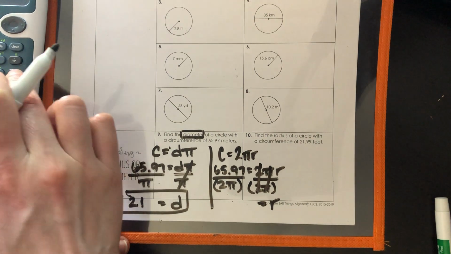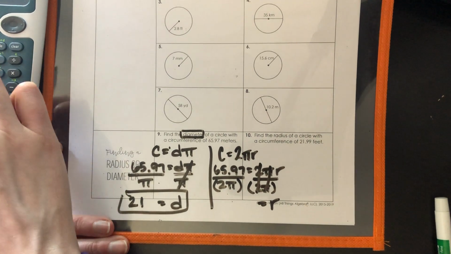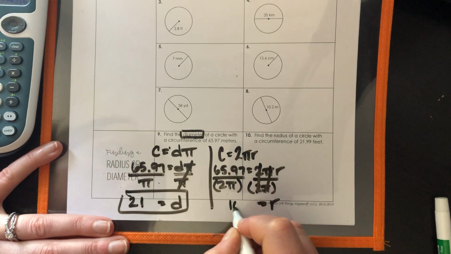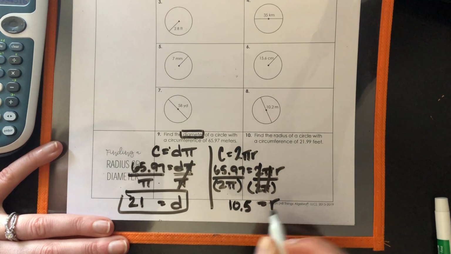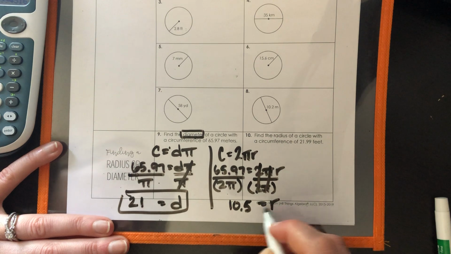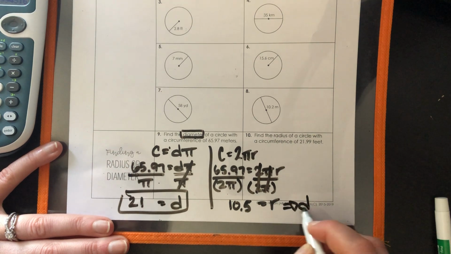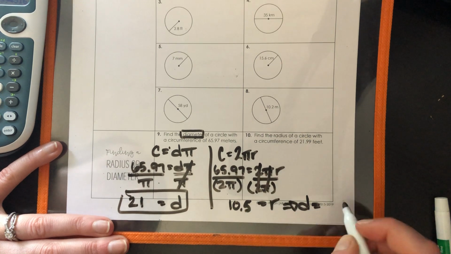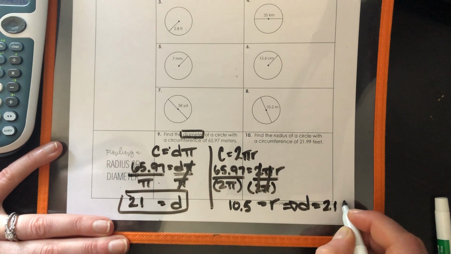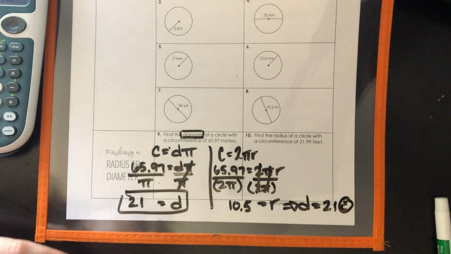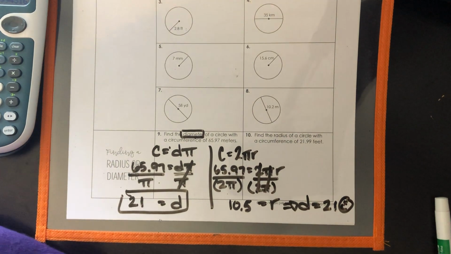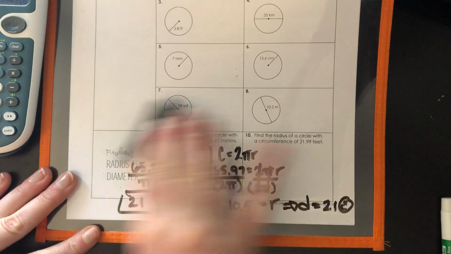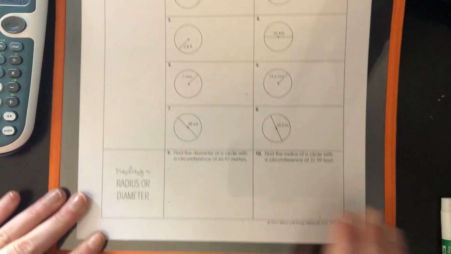I thought it looked kind of funky. 2 pi, there we go, 10.5. And notice if you did it this way, radius is 10.5, diameter is twice that, so 10.5 plus 10.5 still gets me to 21 for the diameter. Both ways work. Whichever one makes more sense to you.